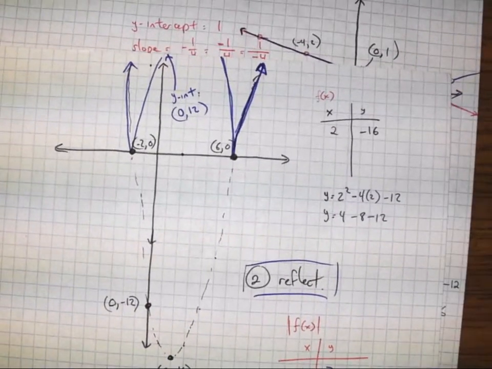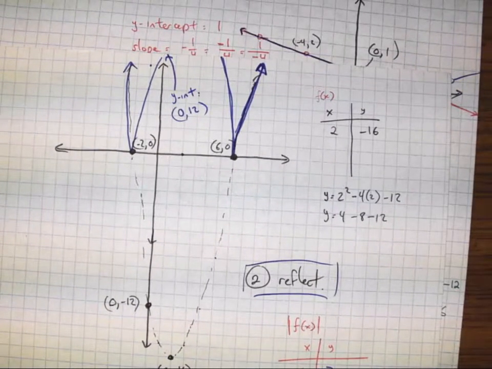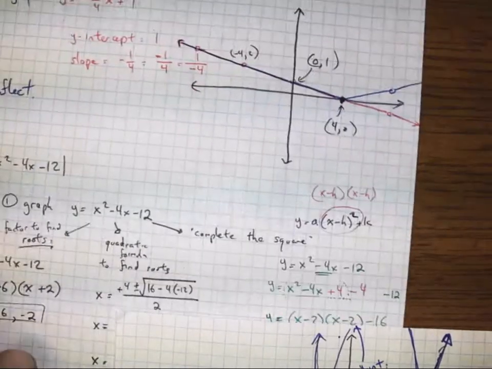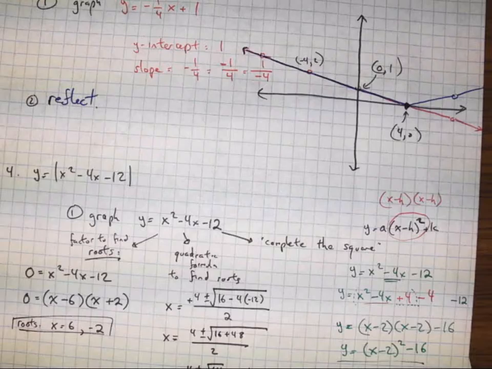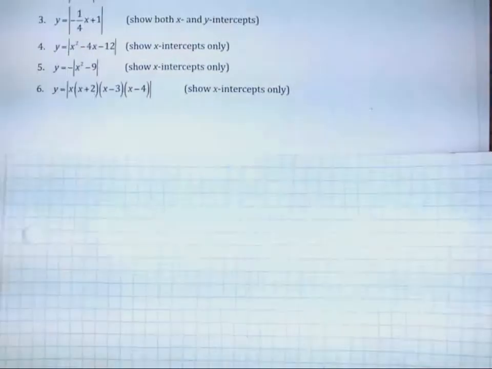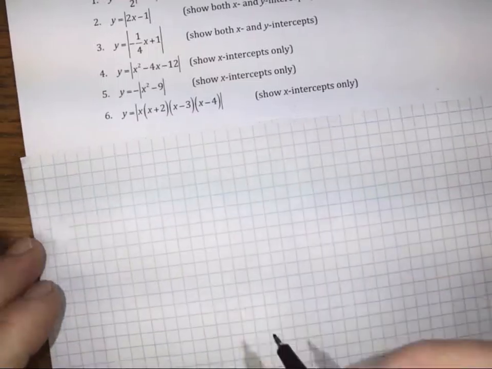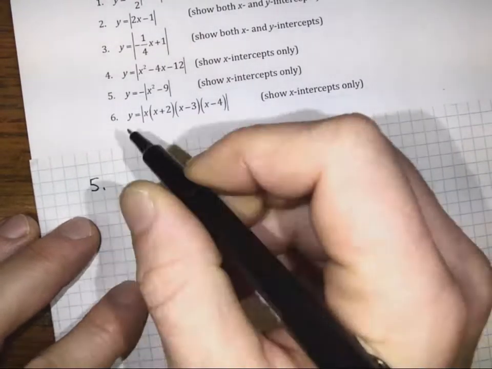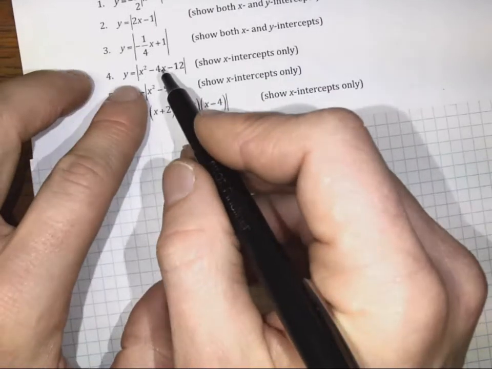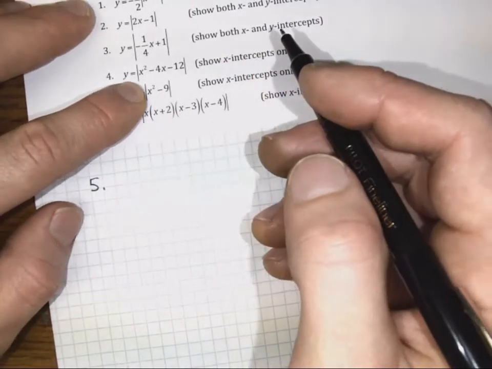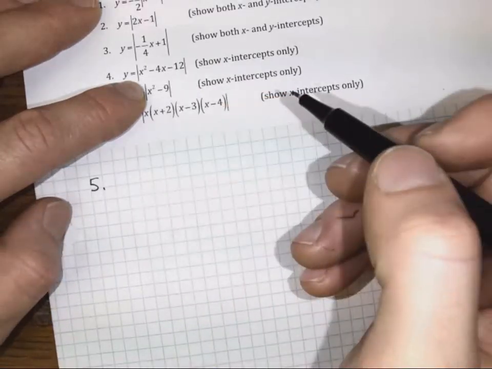So let's move on to question 5. All right, so question 5 is interesting because it looks like we have a normal situation like we had in the last one, a method B situation where we have some function inside a set of absolute value symbols.